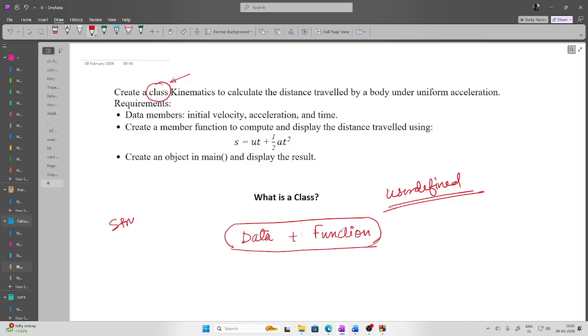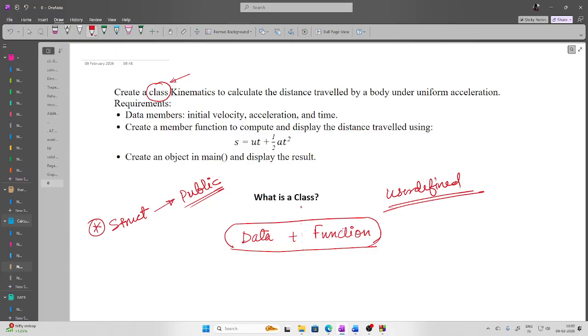When I say structure, then whatever you have written inside the structure is by default public. So in case of structures, there are chances that mishandling of data can happen. In C++, you have this capacity of encapsulating data and functions together in structures, and the same thing is happening in a class, but the difference is that in a structure, everything is public.